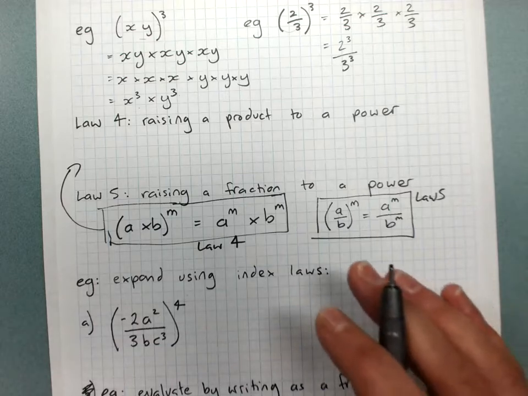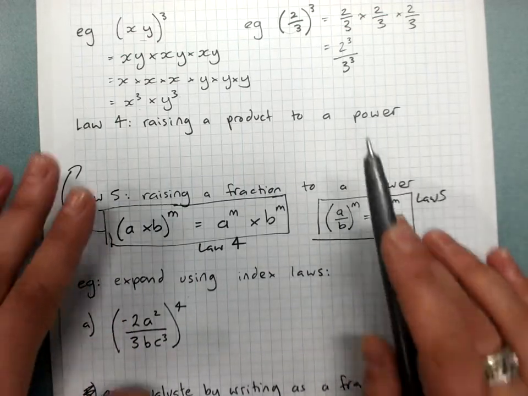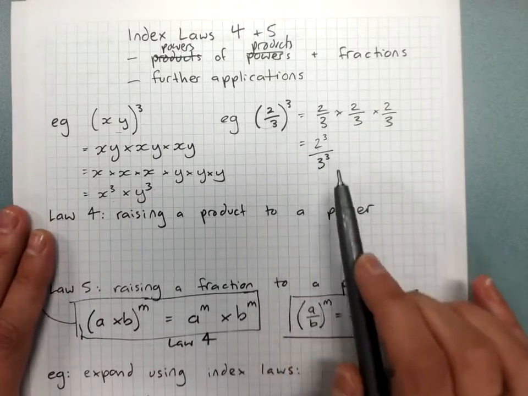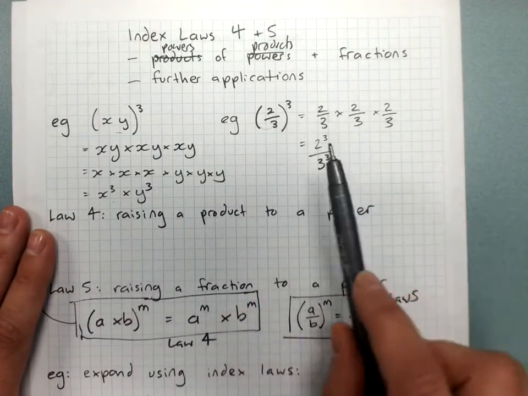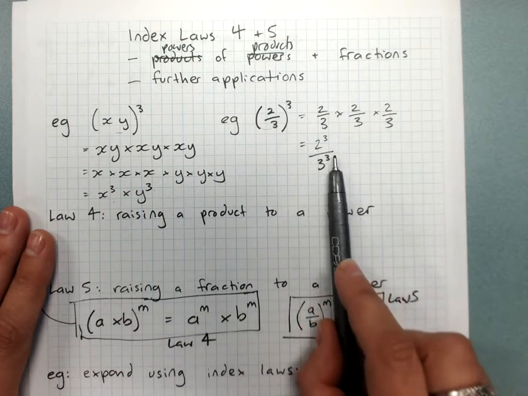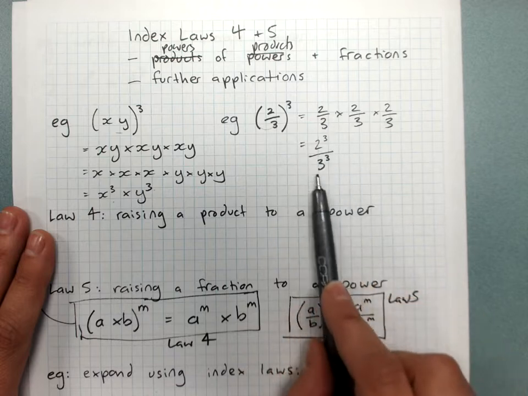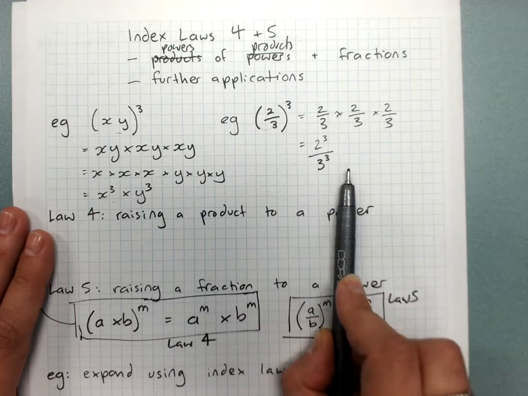Now there's a couple of things that's important to note. When I get an answer when simplifying with index laws, if I only have numbers to powers, I would leave my answer in index form unless they asked me to evaluate.